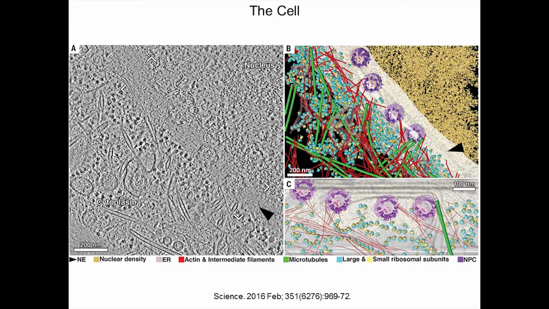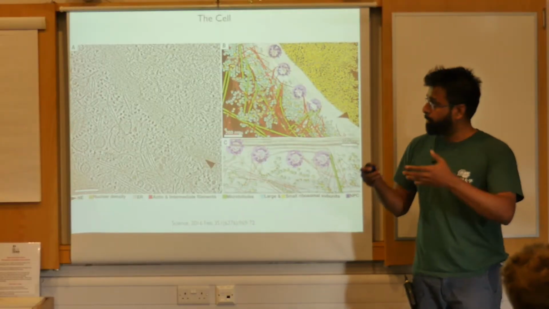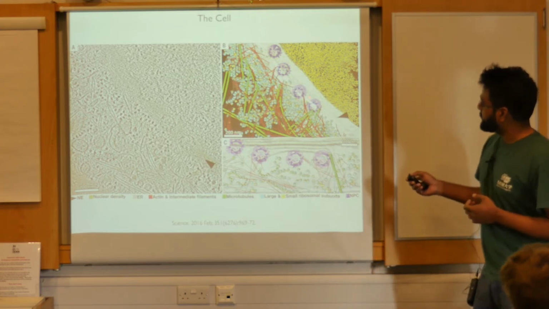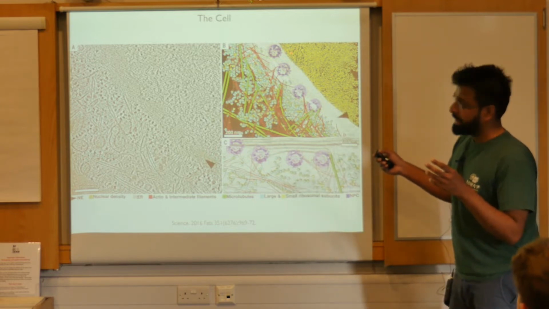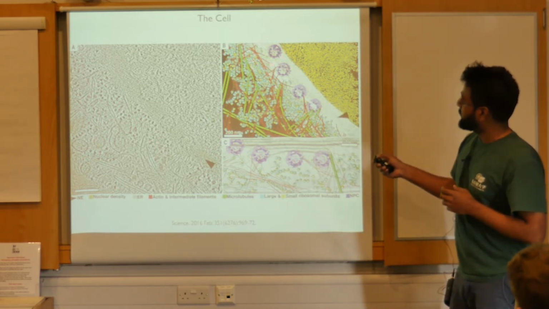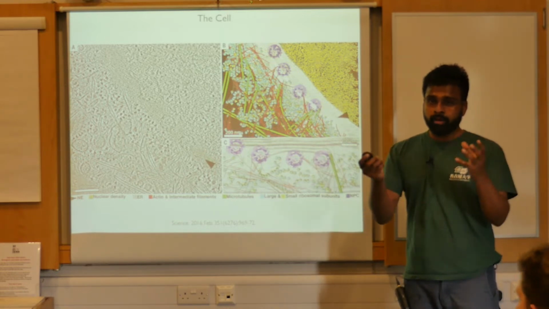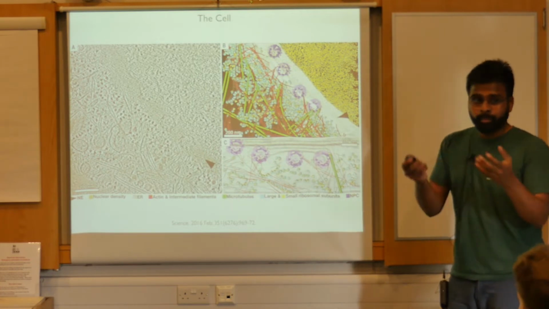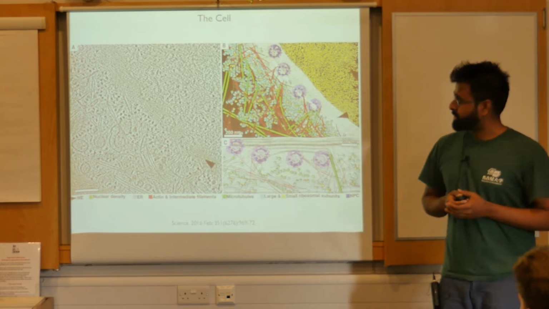So here shown in yellow is the nuclear density, which is majorly made up of DNA and RNA, the nucleic acids, and these rings here are the nuclear pore complexes through which the DNA and RNA in the nucleus can enter the cytoplasm. The cytoplasm can be thought of as a soup of chemicals which has a lot of proteins and RNA mixed together doing a lot of functions.